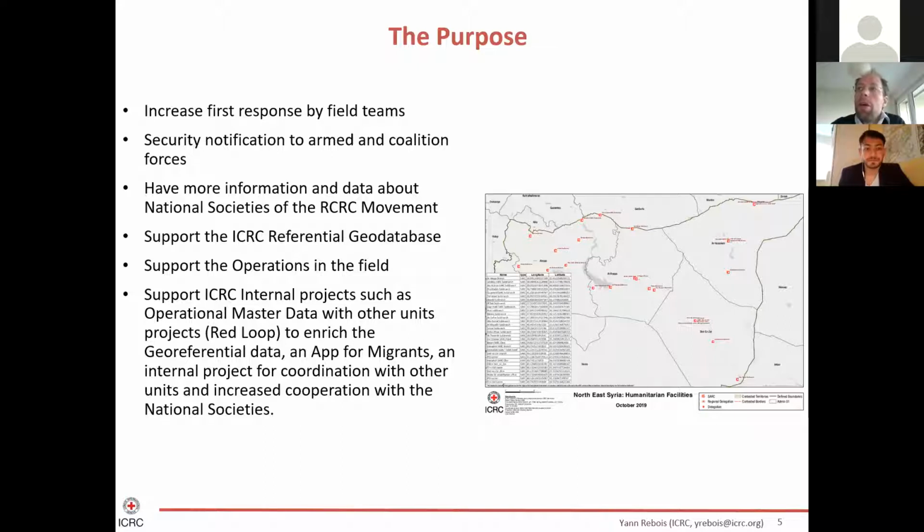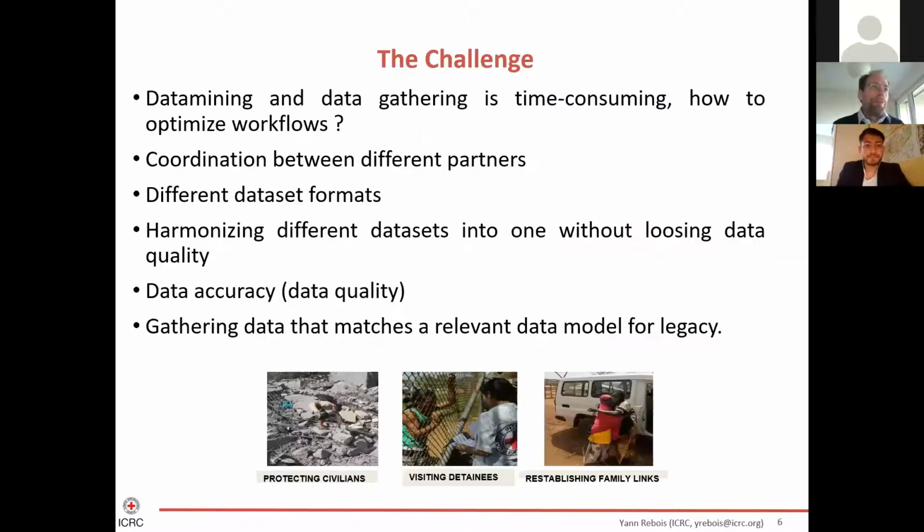Now it will be in a pilot phase between Mozambique and South Africa. This application is called Red Safe, where you provide some health services through mobile devices, and of course it will be good to be able to provide the location of the branches and antennas of the Red Cross Red Crescent structure to those beneficiaries.